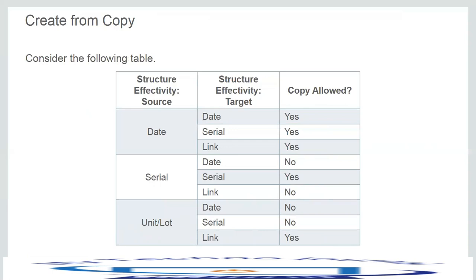The steps to create a structure by copying an existing one are: first, select the item that you want to copy. Preview the components being copied, that is, select the components to copy, and then specify new structure details such as the name of the new structure, description, and effectivity of that new structure.